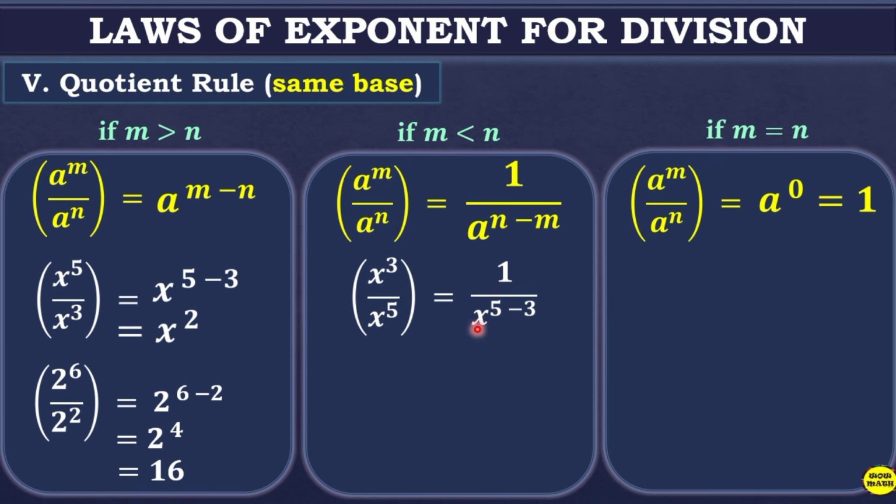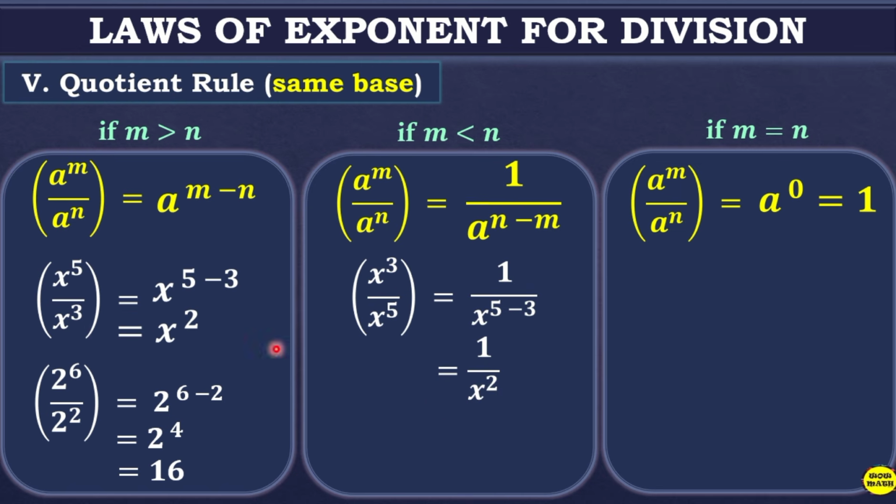Ang mangyayari, you will get 1 over x squared, kasi 5 minus 3 is 2. Bakit tayo merong 1? Eto yung tatandaan ninyo: kung saan yung mas mataas na exponent, doon mo po ilalagay yung sagot mo. Yun lang po. Ganun siya kasimple.